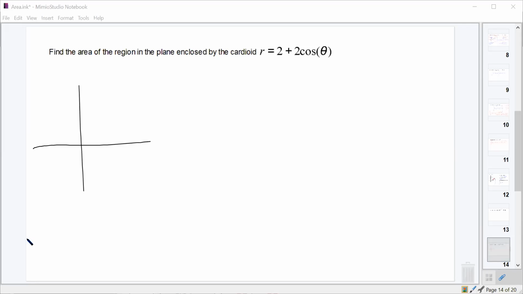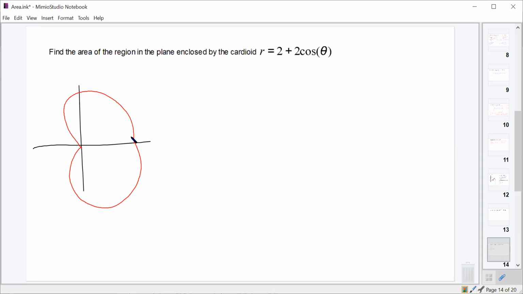Which quadrants should have the majority of this curve in it? Since it's a positive cosine, it should be mostly in the quadrants where cosine is positive, right? It's going to look sort of like that.